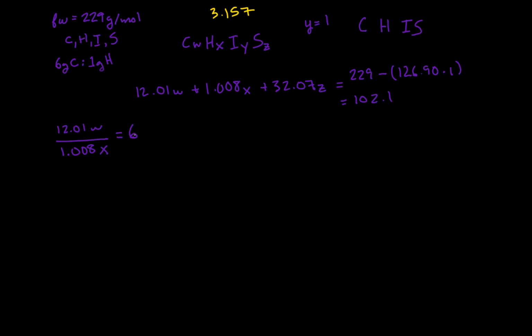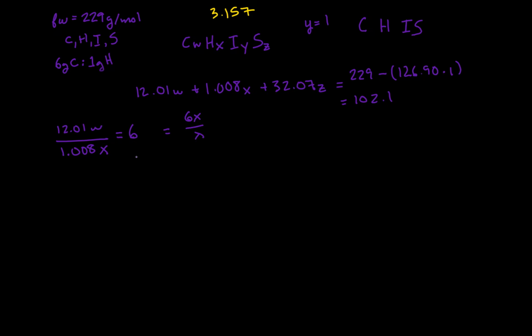I'm going to write this in terms of a common variable x. We're going to use that to solve for hydrogen, so this becomes 6x over x. That's also equal to 6, which means it's equal to that. If they're both equal to the same thing, then they're equal to each other.